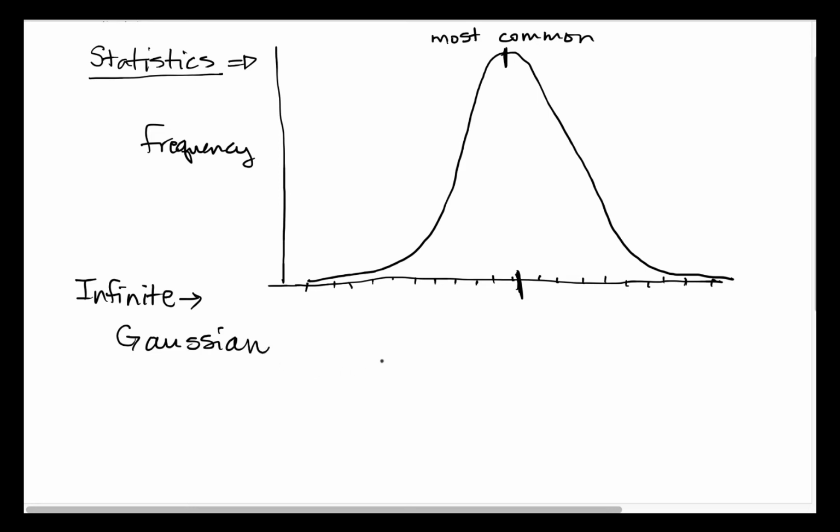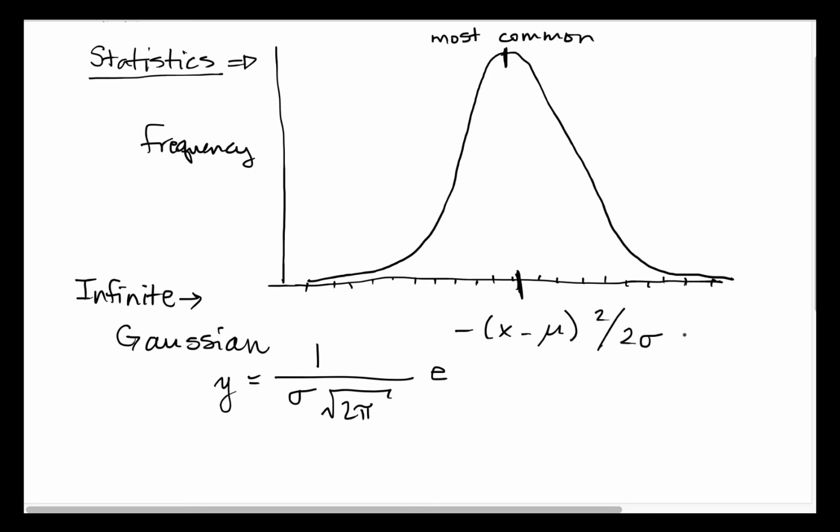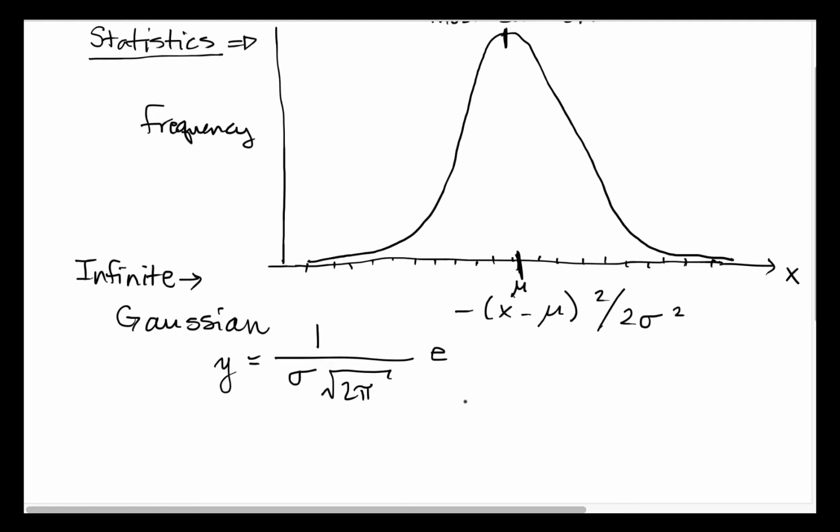And the Gaussian mathematical function has the form, you don't have to memorize this or anything, but I just want you to look at it. 1 over sigma square root 2 pi multiplied by an exponential function of x minus mu quantity squared over 2 sigma squared. And of course, x is this axis, and mu is this value in the middle here.